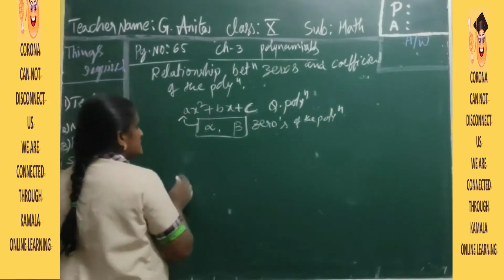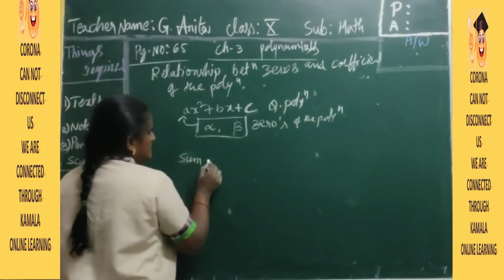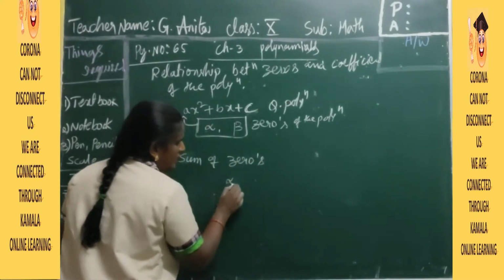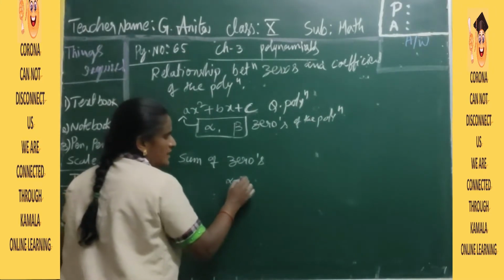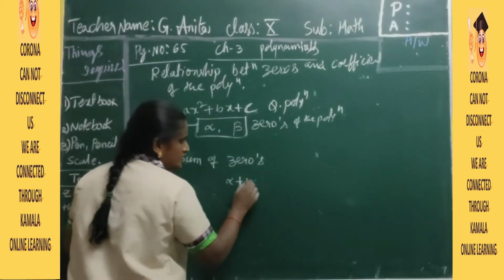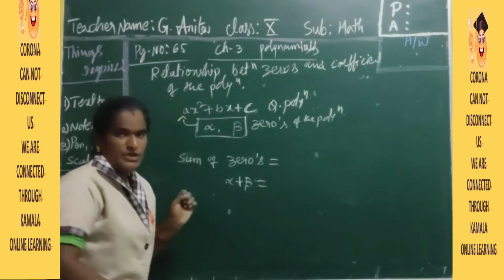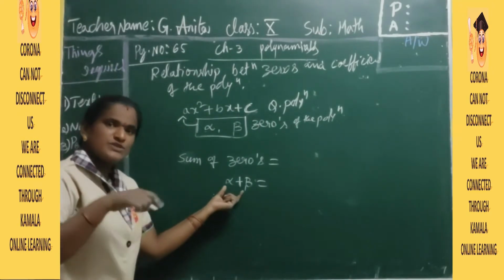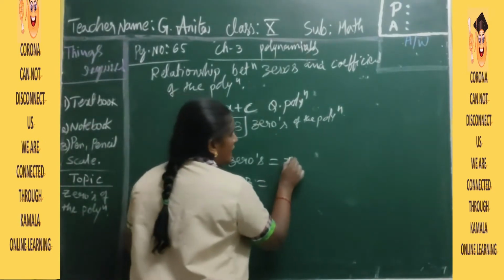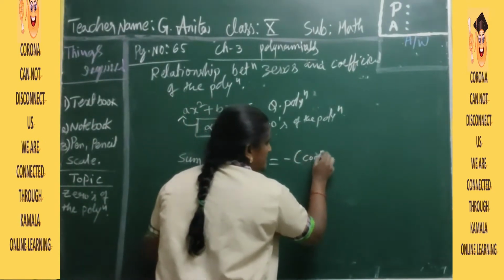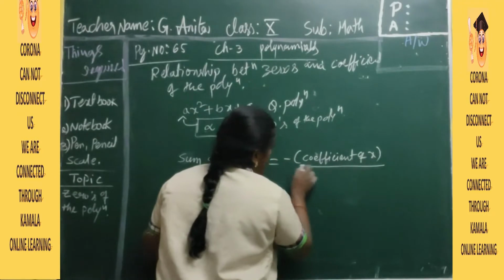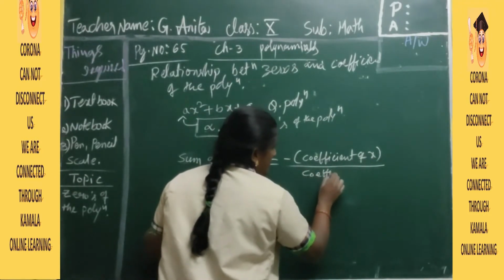So I am taking the sum of zeros. What are the zeros here? Alpha and beta. Sum represents the plus symbol or not? The plus symbol indicates sum. Sum of zeros should be equal to, taking the coefficients, minus of coefficient of x by coefficient of x square.